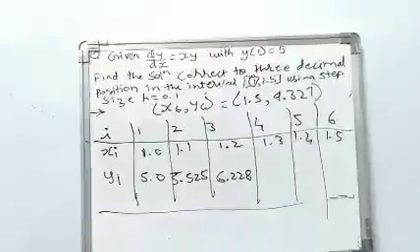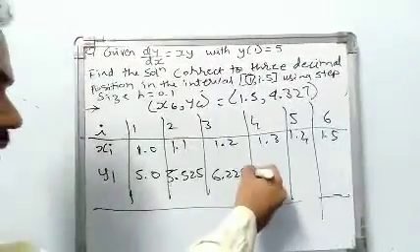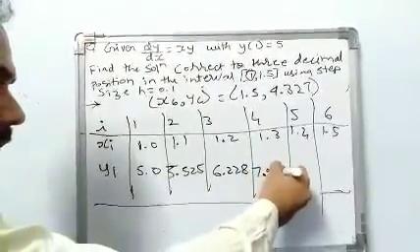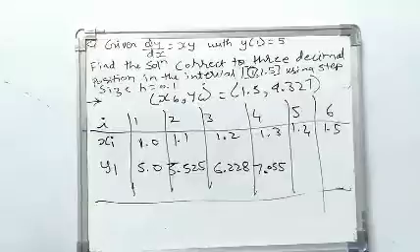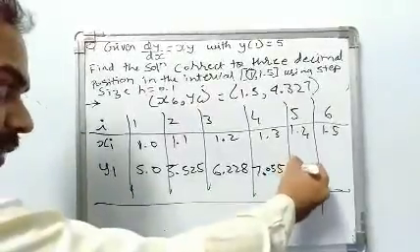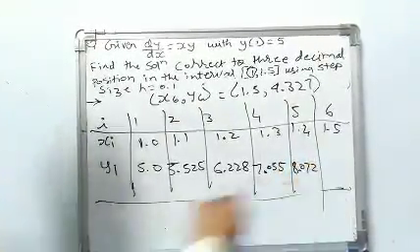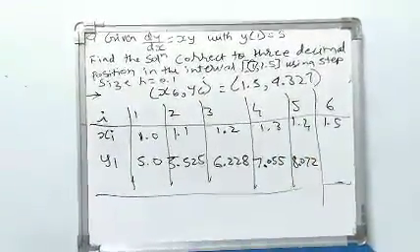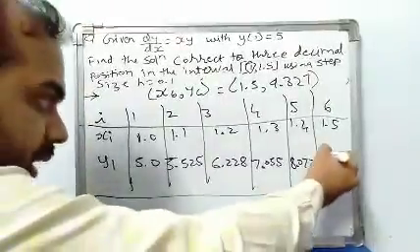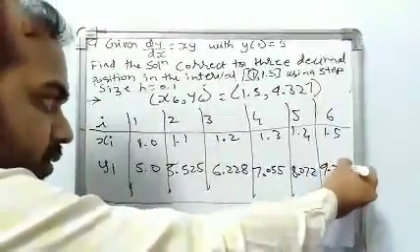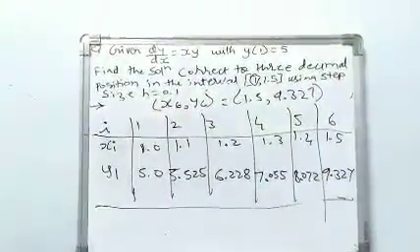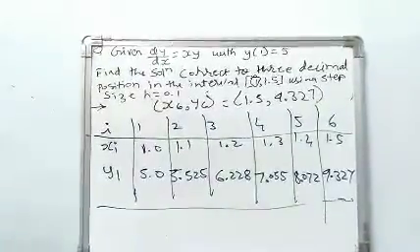When it was 1.3, we got 7.055. When it was 1.4, we got 8.072. When it was 1.5, we got 9.327.